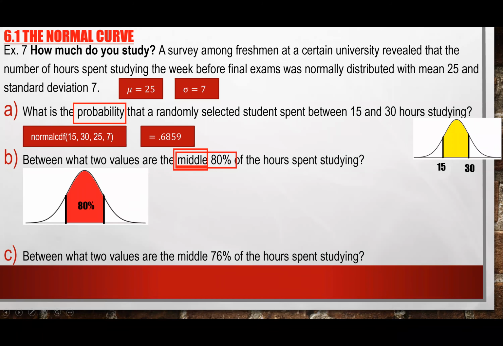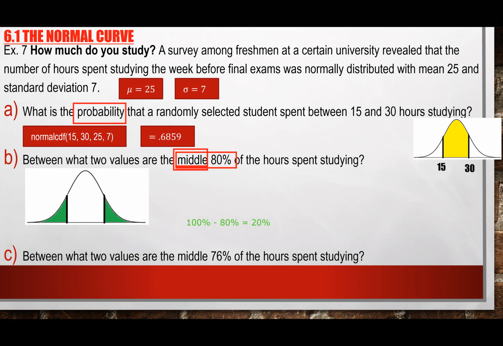If you sketch the graph, this is my middle 80%. And we went over this last time: because they tell us the middle 80%, I have to take the total percentage minus what they give me, 100 minus 80%, which leaves 20%. And that 20% is not just on the left of the 80 or just on the right of the 80.